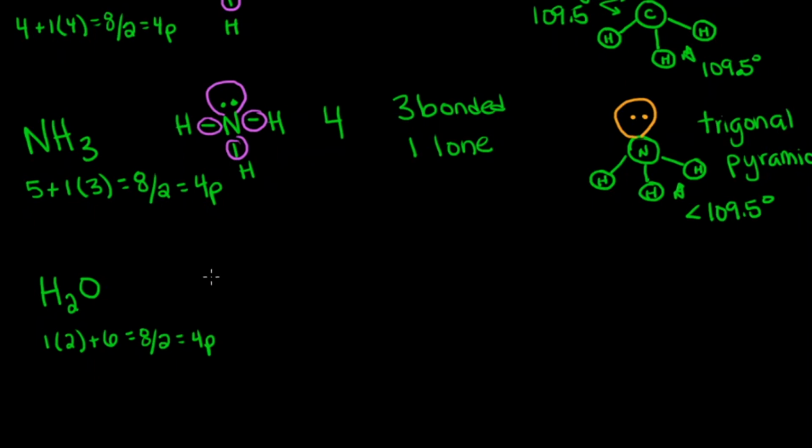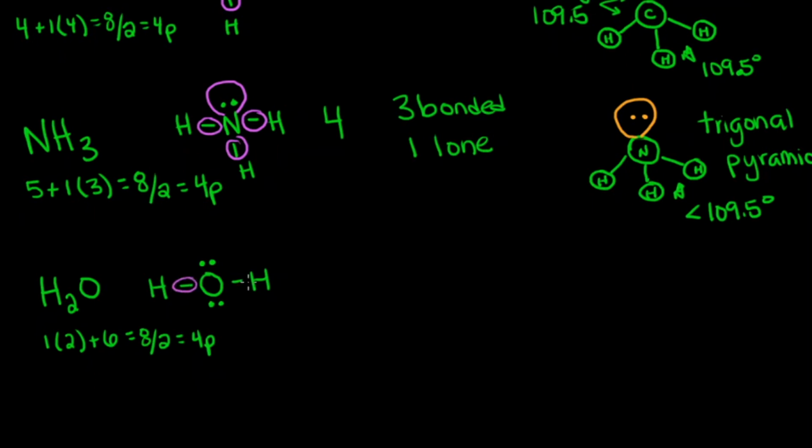Hydrogen can never go central, so we're going to connect our oxygen to our hydrogen, to our hydrogen, lone pair, lone pair. Now, I know this looks like everybody is 90 degrees apart from one another, but remember, we're working in 3-dimensional space, okay?